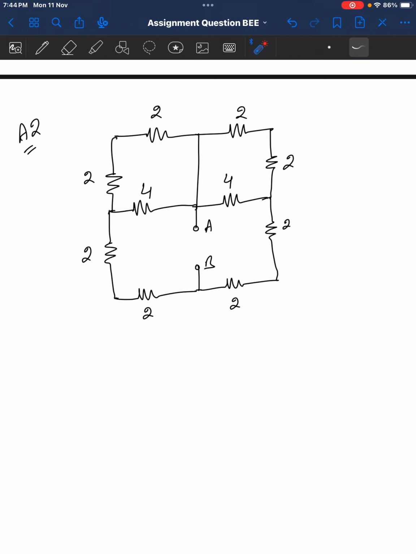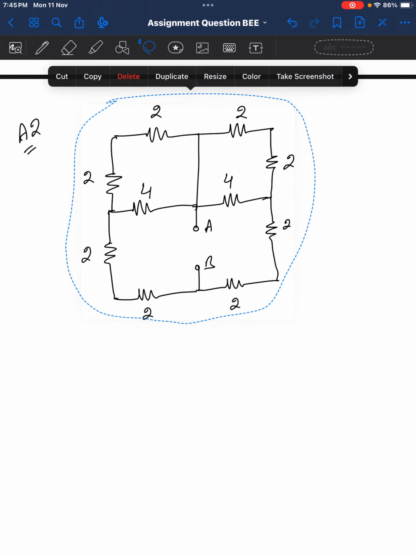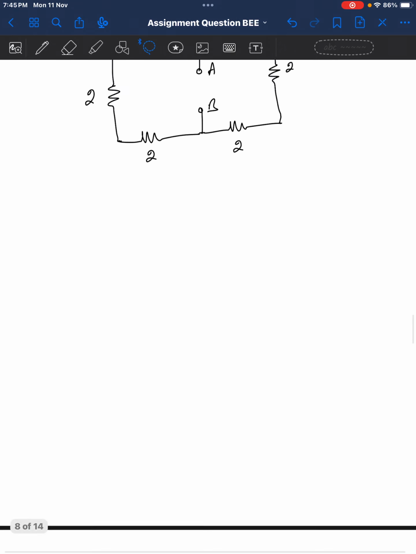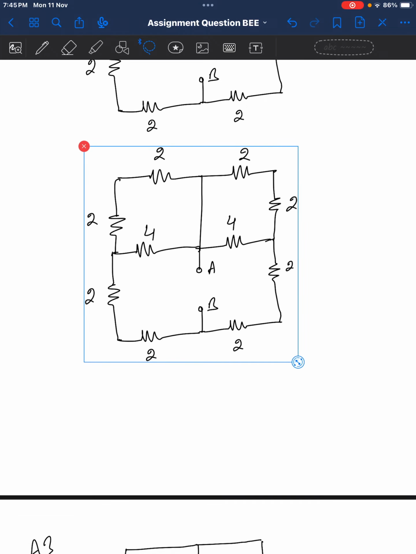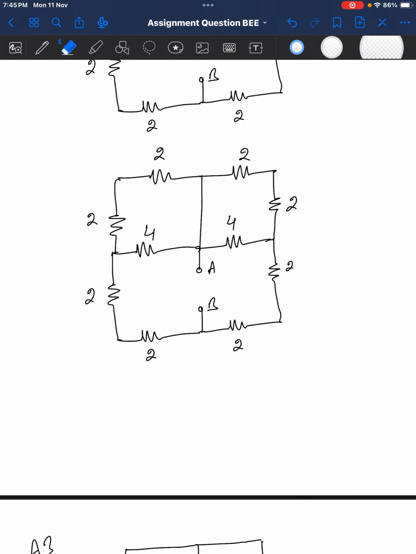We can redraw and take all those things. So let me just take this once more and put it over here. Now I'm going to remove this side and redraw the same circuit, saying that this is connected over here, this is connected over here, and this side is like this.